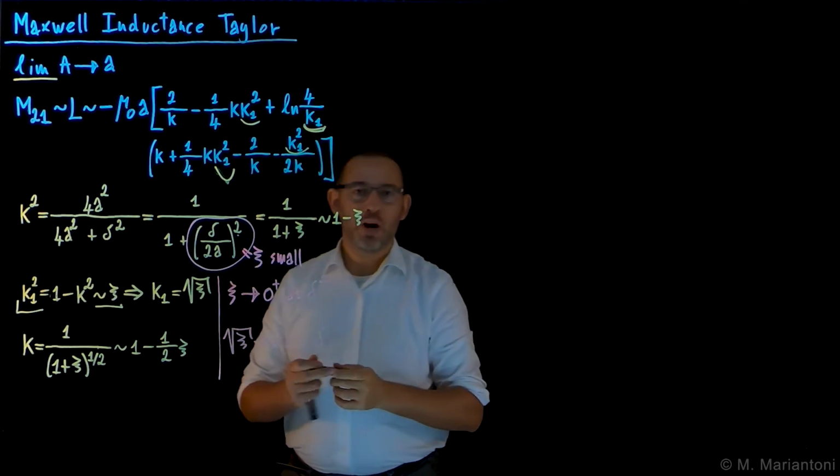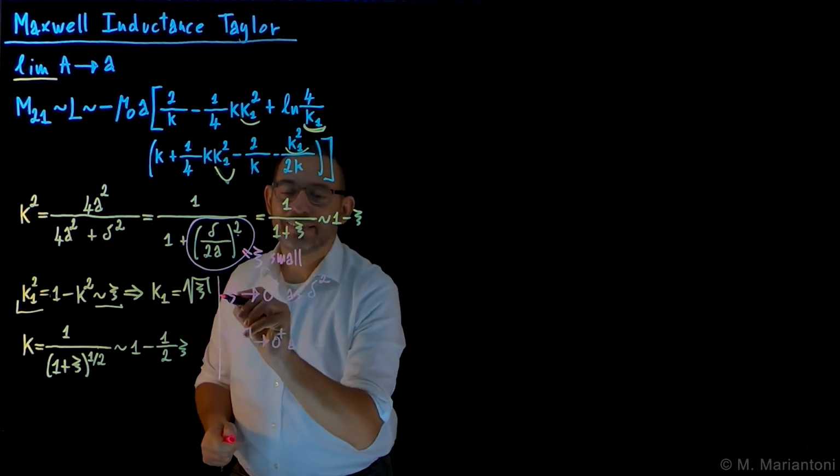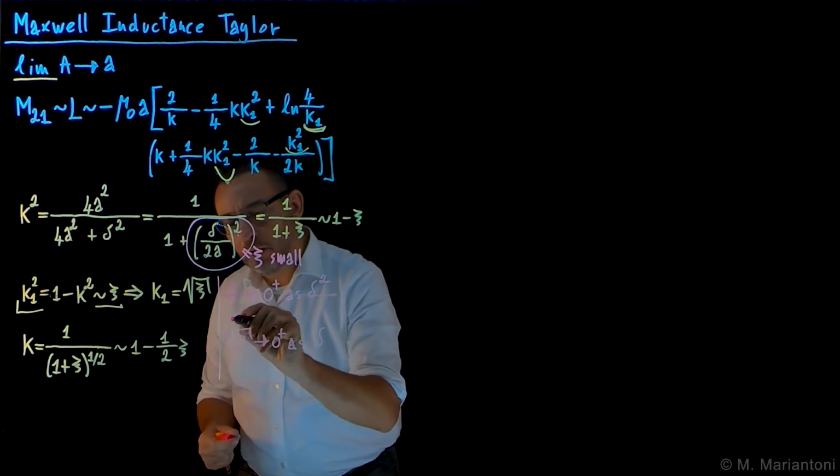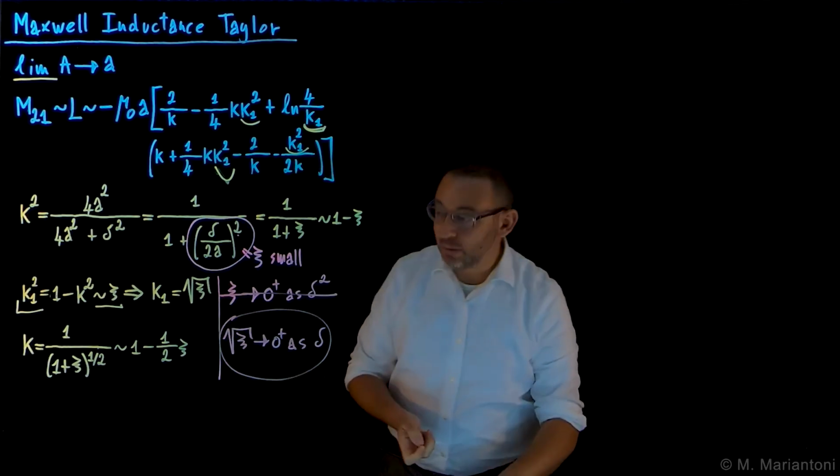Between these two, which one is the higher order term which will not contribute to anything? Clearly, this one. So we will only focus on these terms here, square root of psi. Let's see how that works.